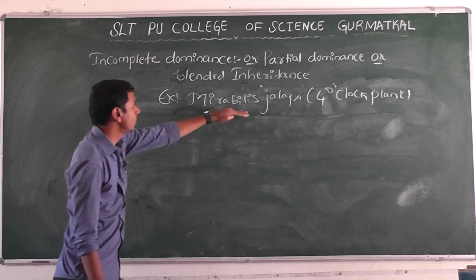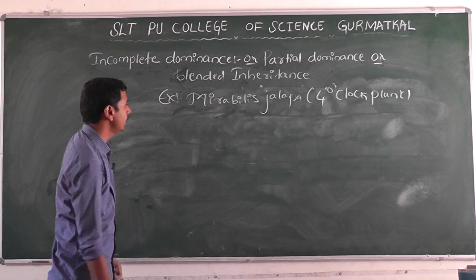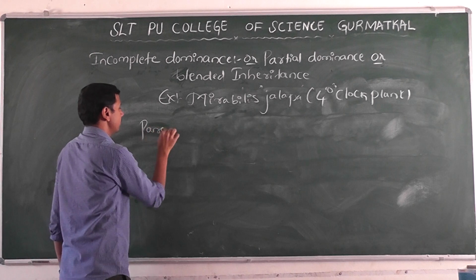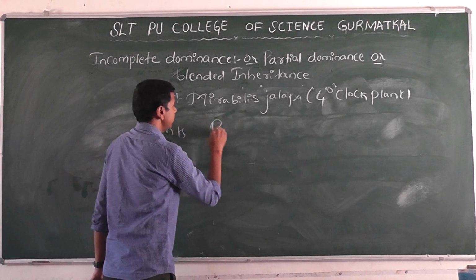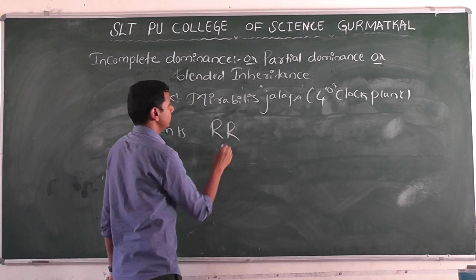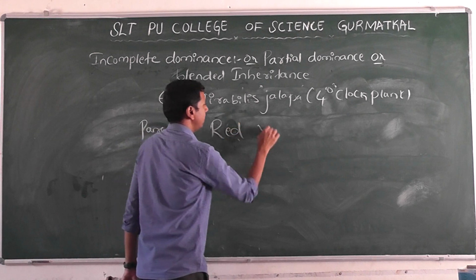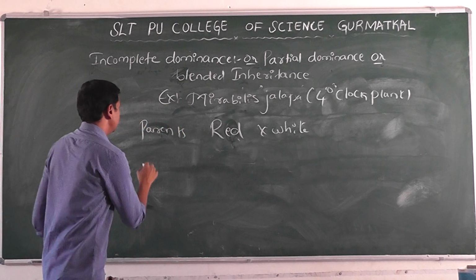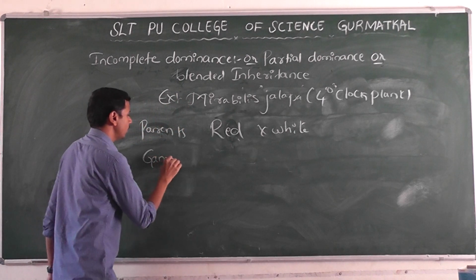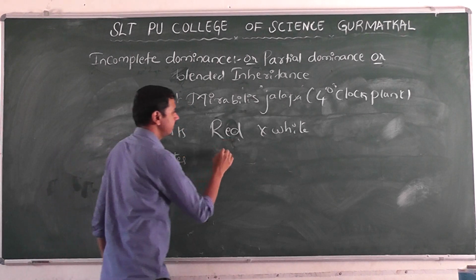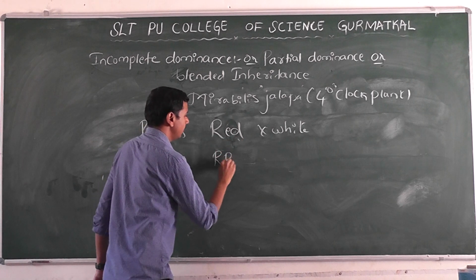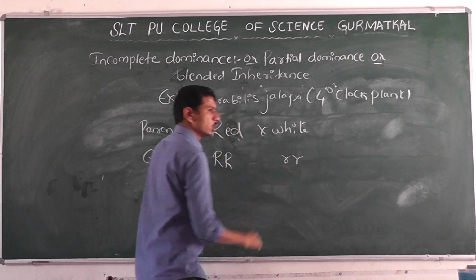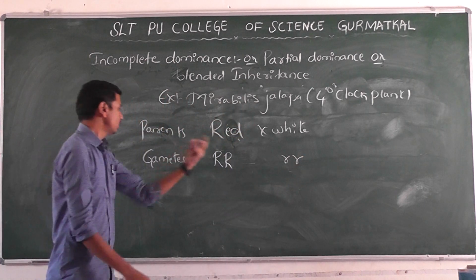So now we are going to consider Mirabilis jalapa. Here, what we are going to take is parents. One parent will be the red and another one will be the white flower. Here, for the gametes, for the red it will be capital R, for the white it will be small r.